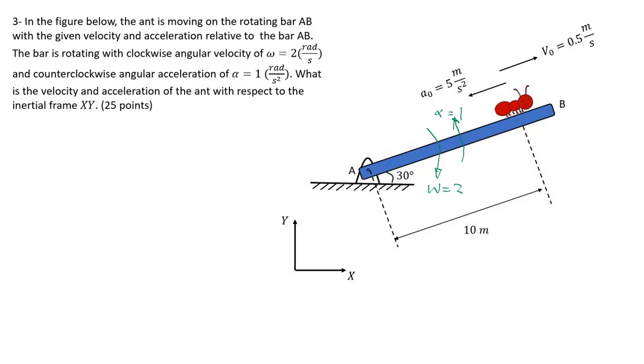So V ant, A for ant, is equal to VA plus omega cross R ant with respect to A, plus R dot, the relative velocity of that particle, this ant with respect to the rigid body.